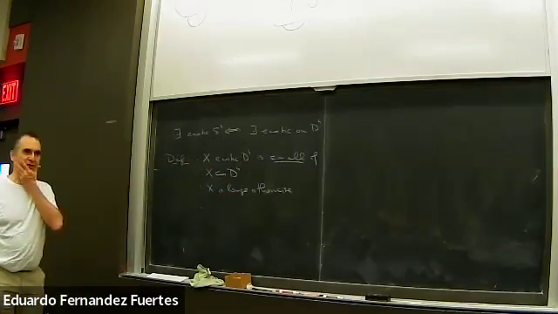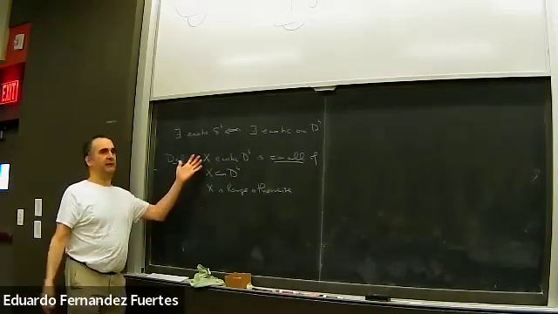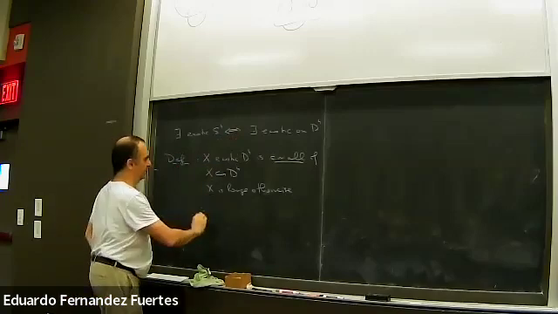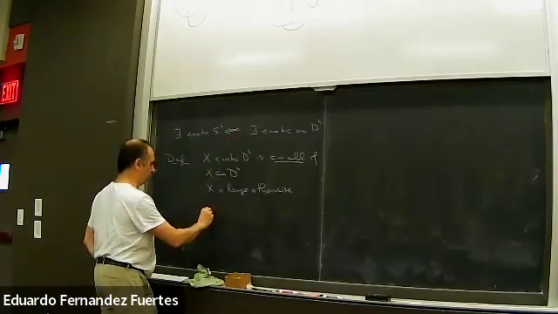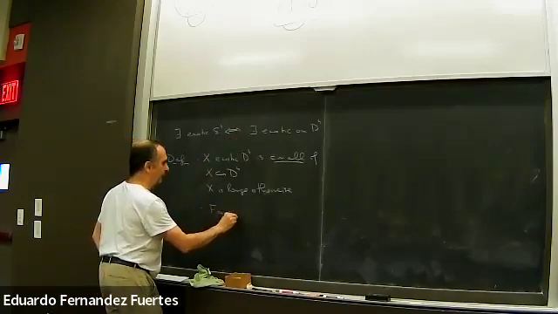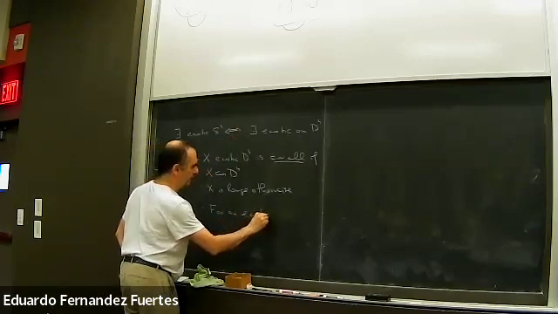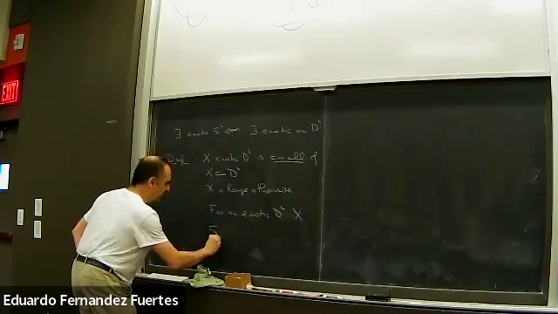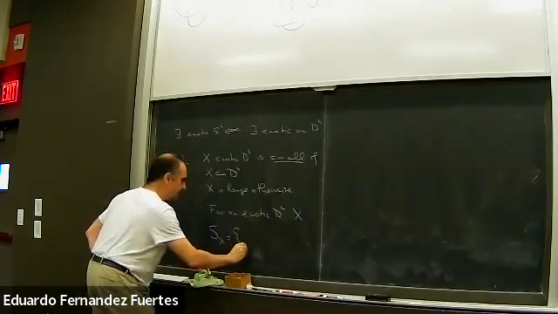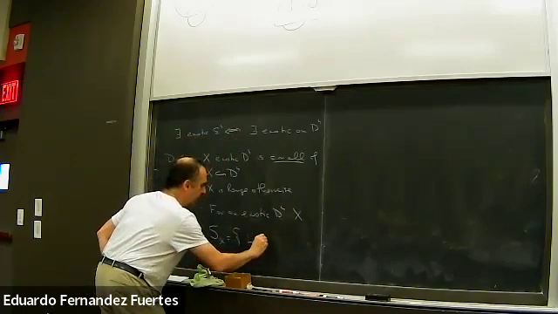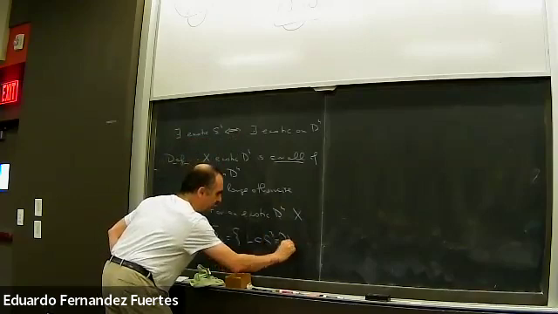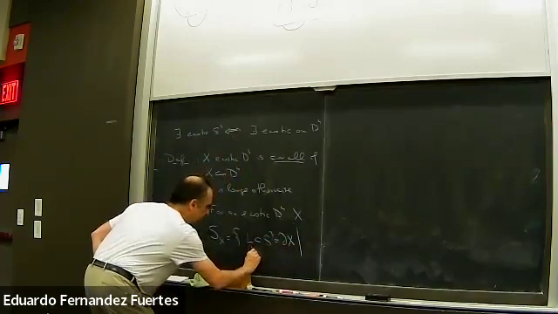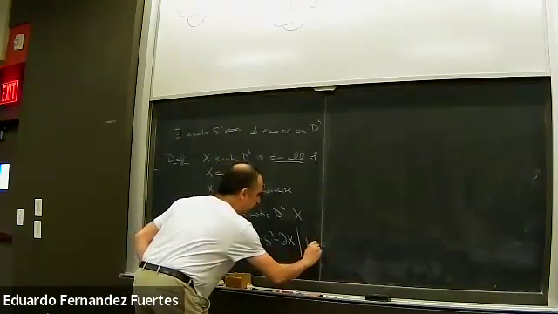And I need one more definition, which would apply to any four-manifold with boundary, but I will just stick to this situation. So for an exotic D4 X, let's take S_X to be the set of all links in S3, which is just the boundary of X, such that L is slice.